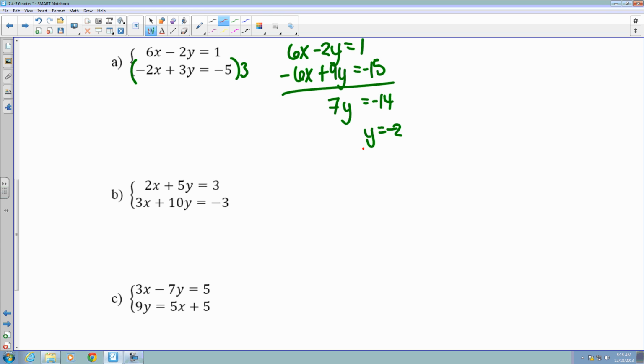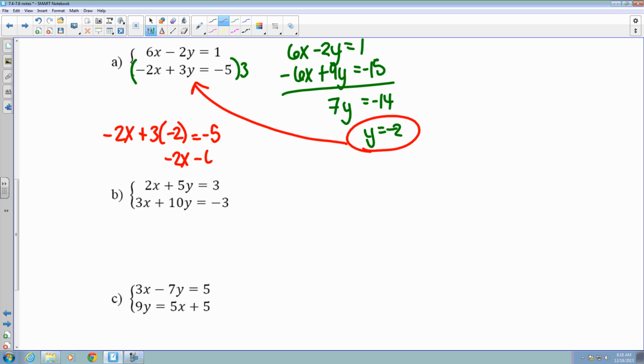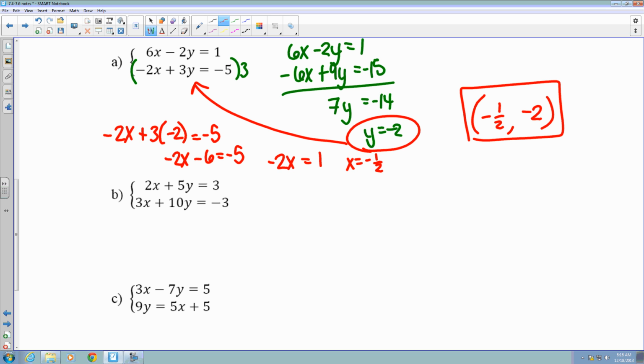Then I'm going to put that in my original bottom. So obviously you can end up with fractions sometimes. So if you have a fraction for your answer, don't think that you got it wrong.